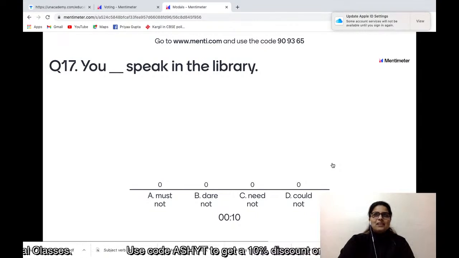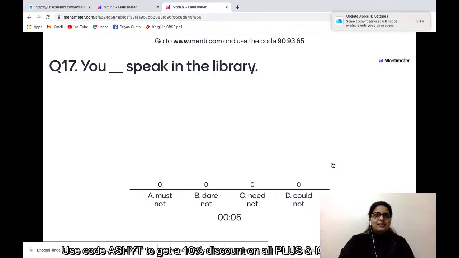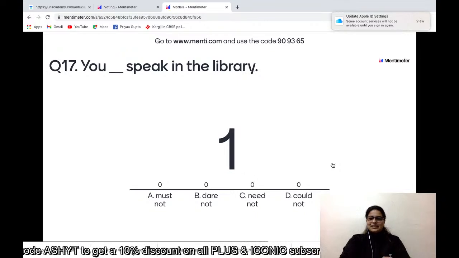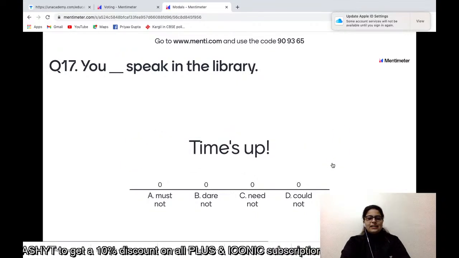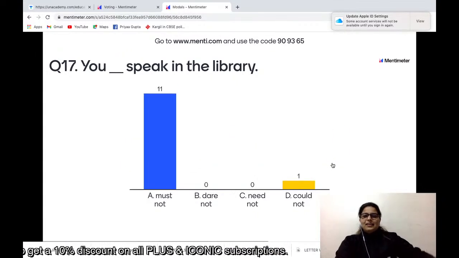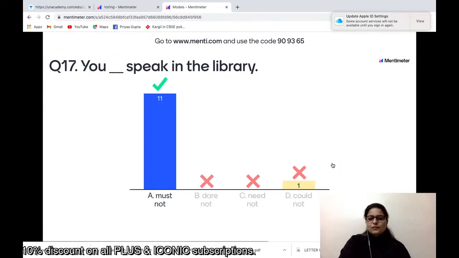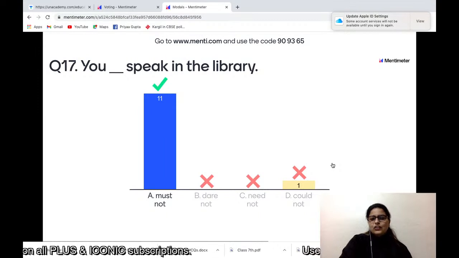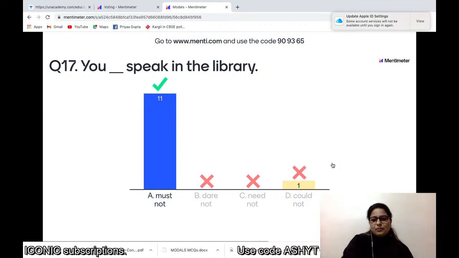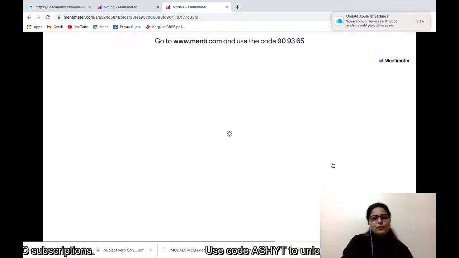Something which is compulsory, something which is necessary. Let's see the right answer. Time up. Right answer is must not, of course. Very good. I think somebody has done could not by mistake. Done. Good job. Moving ahead, let's see the scoreboard.